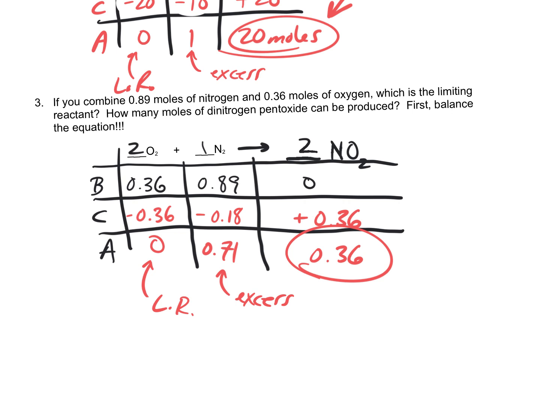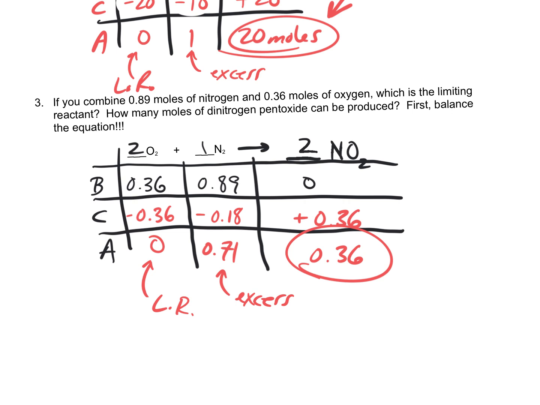All right, so guys, your homework is going to be to finish this worksheet. There's number 4 and number 5 for you to do. And in number 5, you are going to have to convert moles to grams, or grams to moles. Anyway, you're going to need to do that conversion.